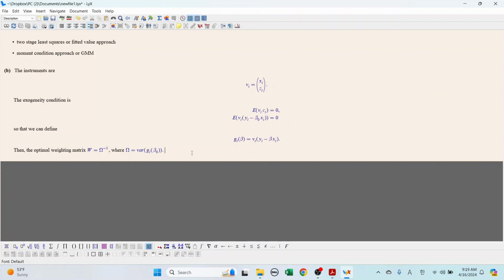And as you know, when beta is beta 0, gi beta 0 is Vi times epsilon. Under the assumption that we made in the question, we assumed homoscedasticity, given that.